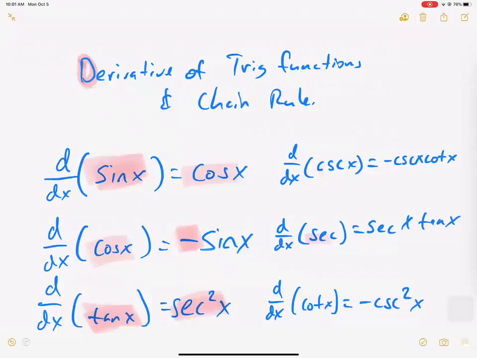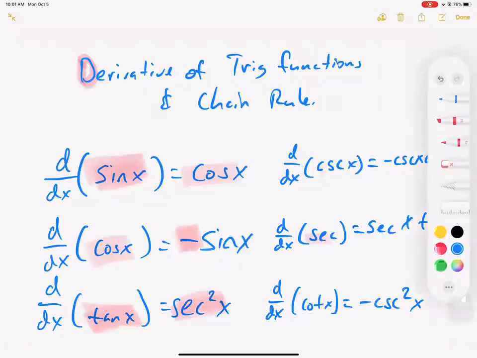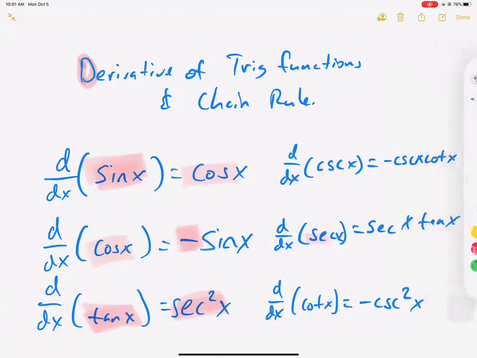I don't like cosecant, so let's do secant. This is how I do secant. I say the derivative of secant sounds like a sneeze, okay? The derivative of secant is secant tangent.